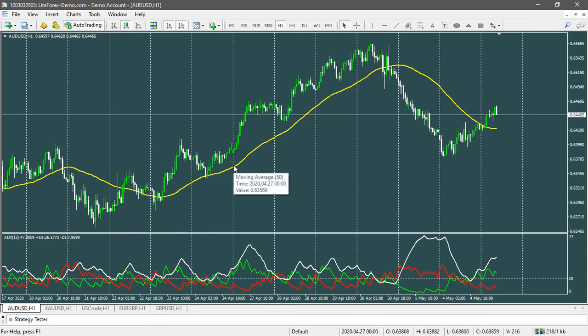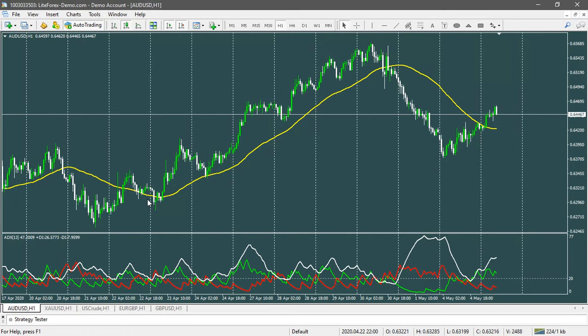The moving average is used in this strategy to identify and hold a trend. And then the ADX is used to identify the trend strength and the direction in which price is zooming or sprinting or moving at any particular time.